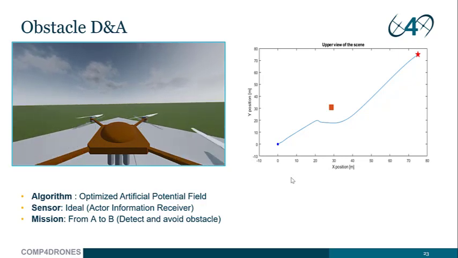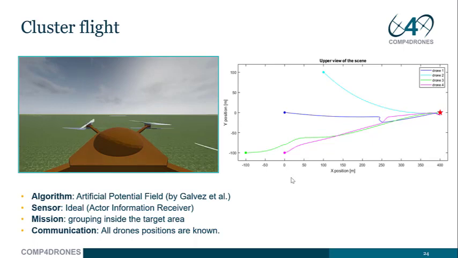The second scenario that we simulated is that of a cluster flight. So there are 4 drones that take off at different positions and are supposed to reach a common target position without touching or colliding with each other during the flight.